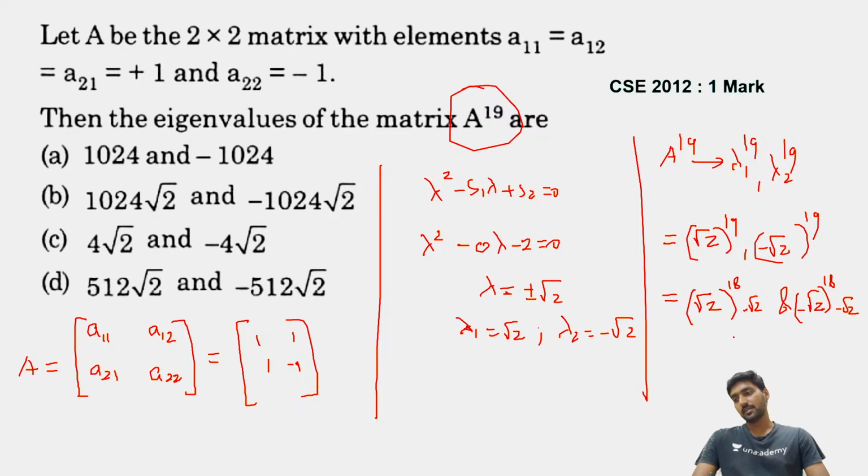Root 2 power 18 is equal to 2 power 9, which is equal to 512. So 512 into root 2 and minus 512 into root 2. Therefore it's option D. It's a computer science engineering 2012 question, a basic question. Okay, we are moving to the next question now.